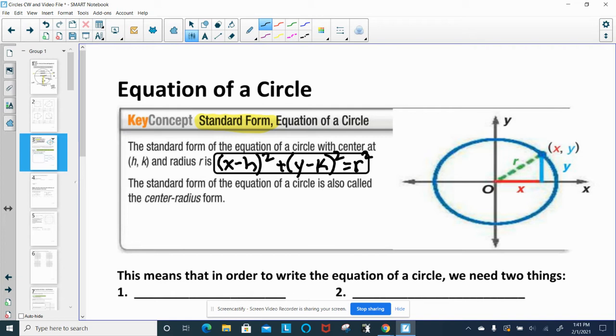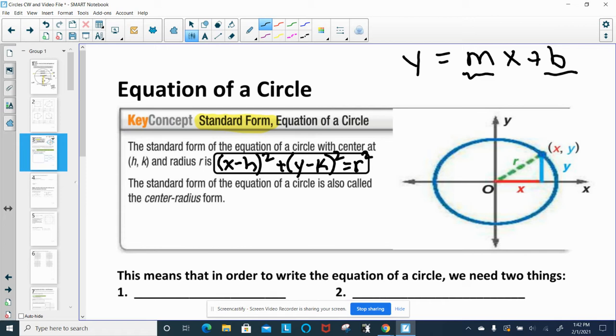Now, when we talked about the equation of a line, remember, we had the y and we had the x, and they always stayed that way. But the things that changed were the m and the b. If we knew the slope, we could pull that off of the equation of the line, or put it into the equation of a line.